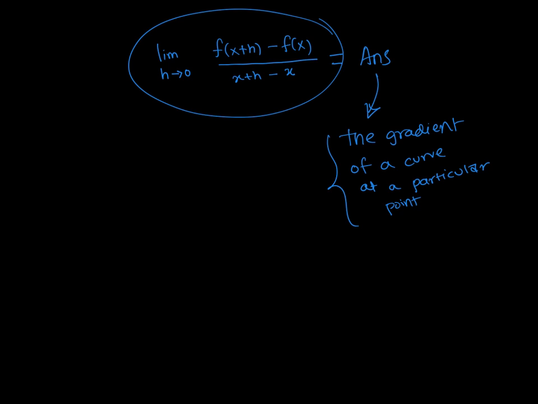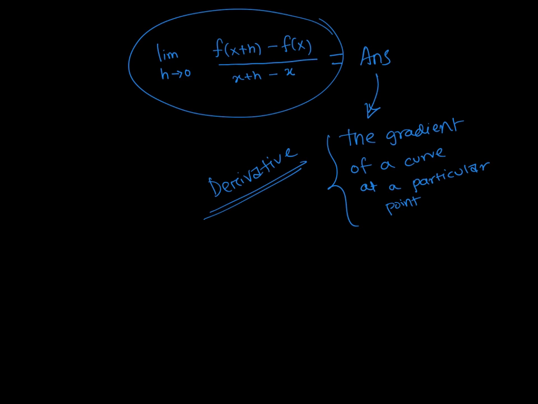This would be the answer we were looking for, and this is what we call a derivative. A derivative is basically a measure that tells you the rate of change, which means that when x changes by 1 unit, how much does y change by?